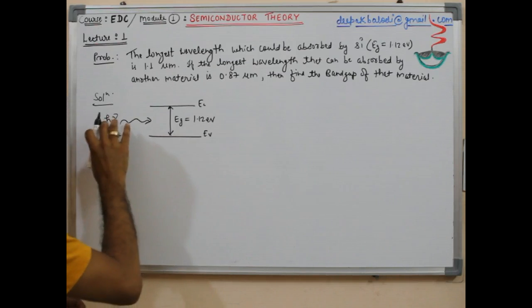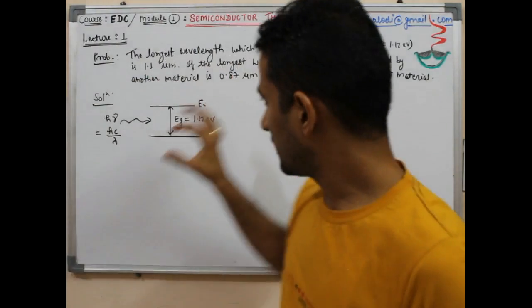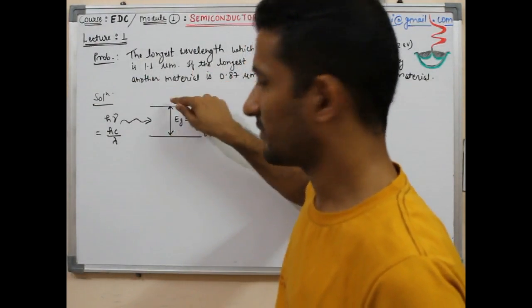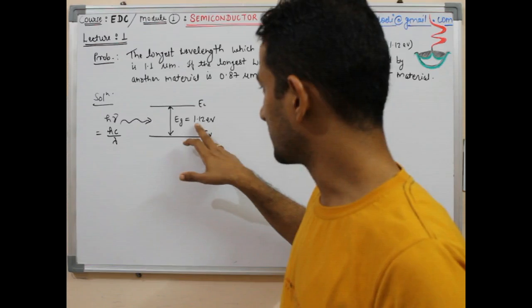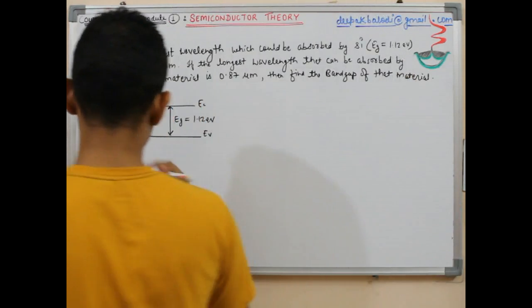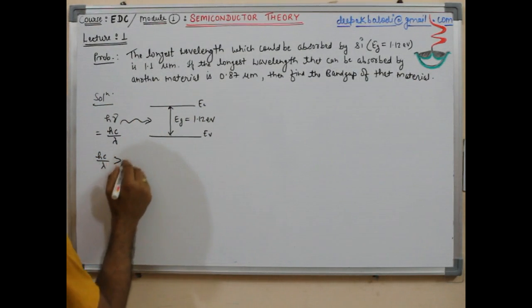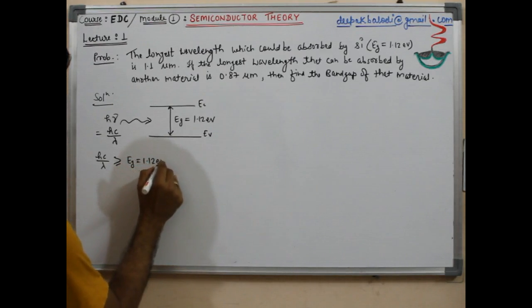So this energy is coming here to be absorbed. Now you see, the minimum energy required here for the absorption should be this. So at least this much energy should be there, so this energy should be greater than or equal to Eg, which is 1.12 electron volts.